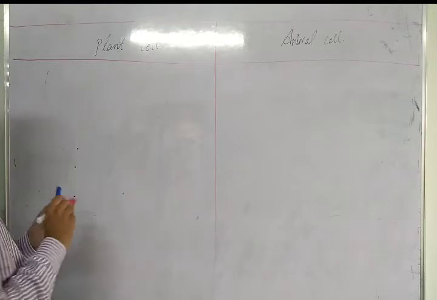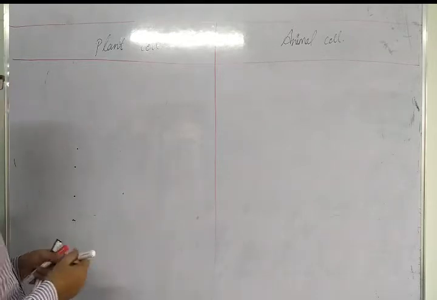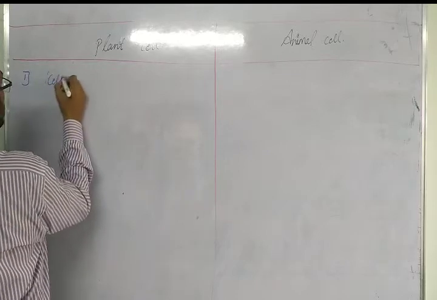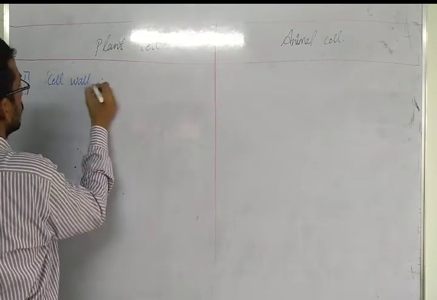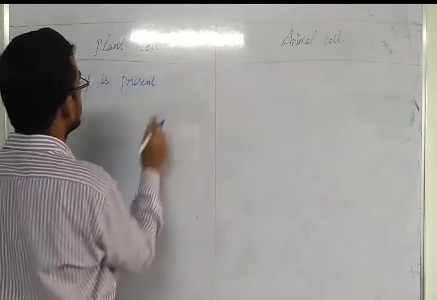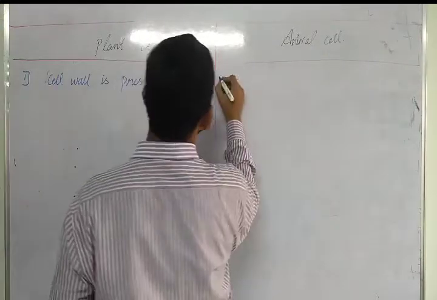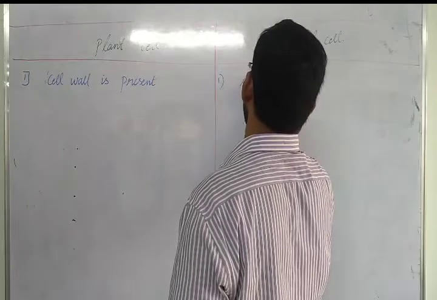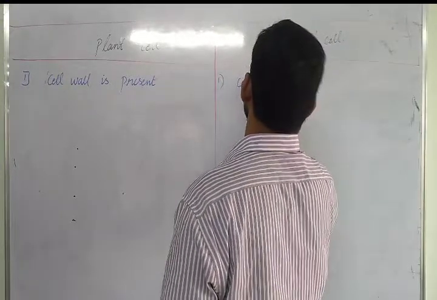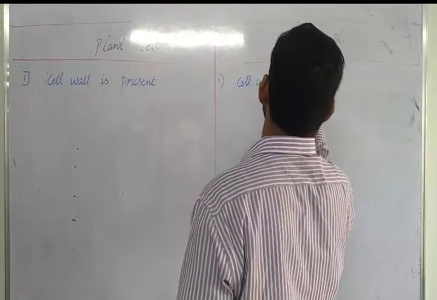The first difference between plant cell and animal cell is that the cell wall is present in the plant cell. First point you should remember: cell wall. Cell wall is present here; in the animal cell, cell wall is absent.